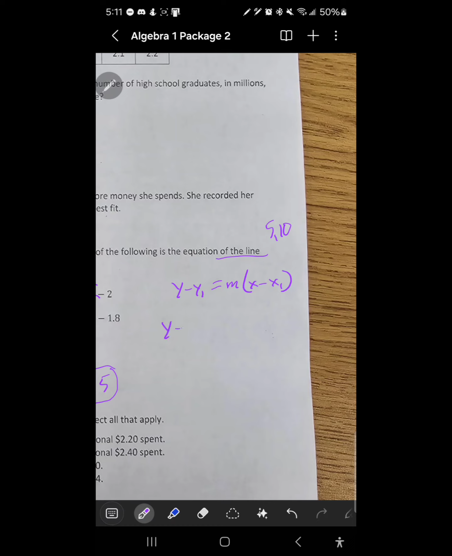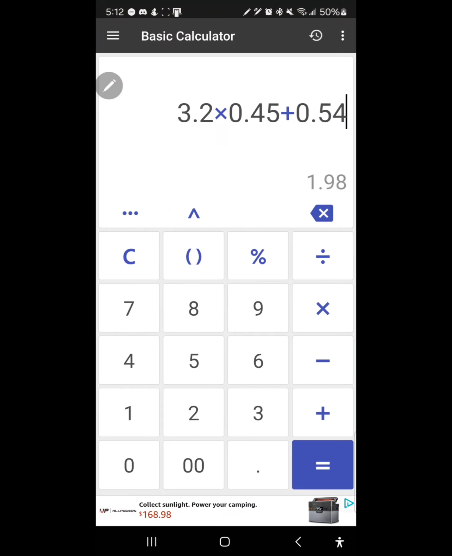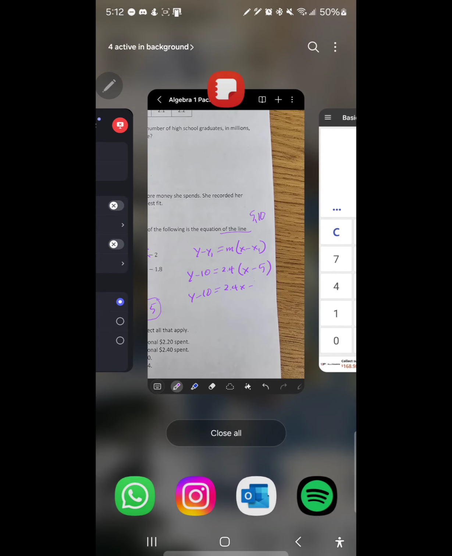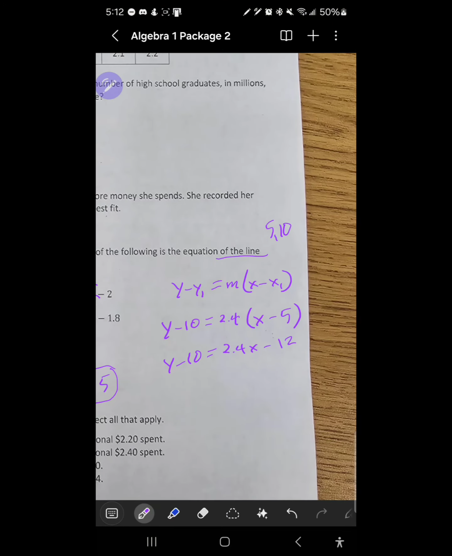And I say, okay, y minus 10 equals 2.4 times x minus 5. Y minus 10 equals 2.4 x minus, it's going to be around 12 something. 2.4 times 5. Oh, 12. Minus 12.